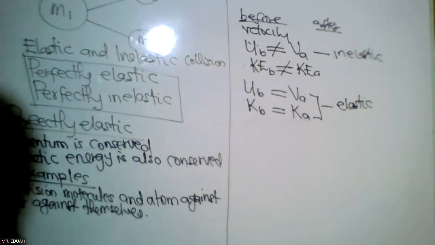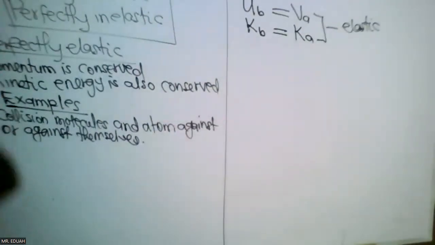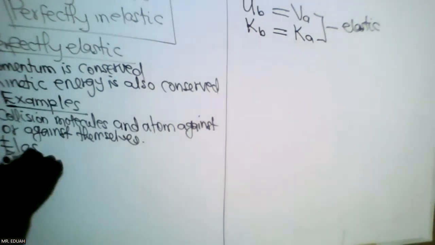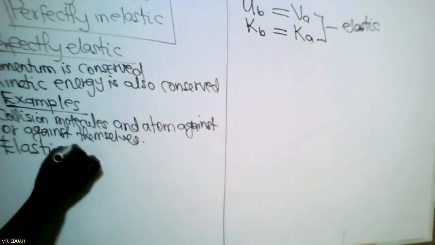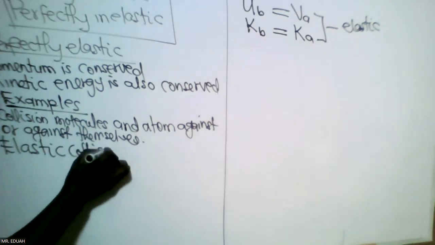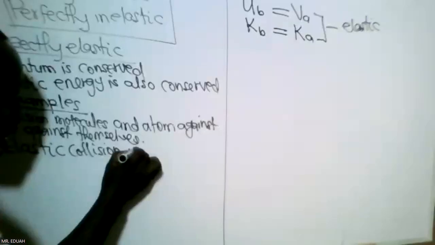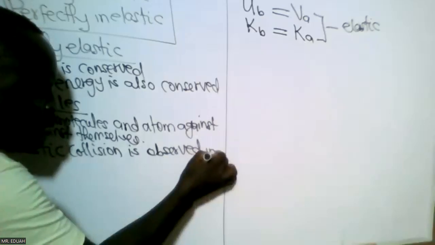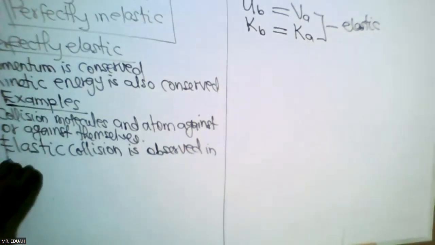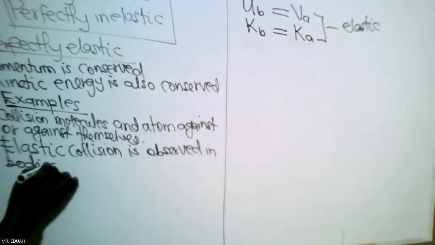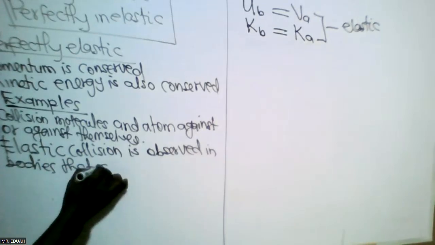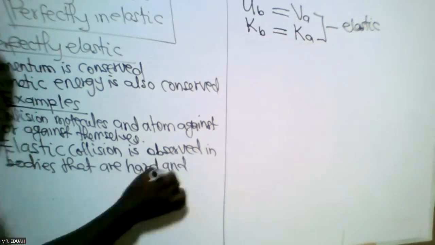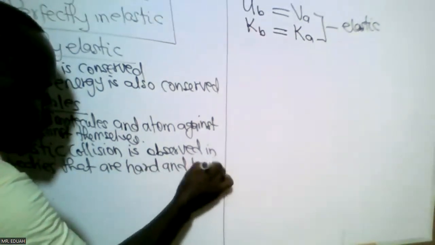So in real life experience, elastic collision is observed in bodies that are hard and bouncy. They can bounce.